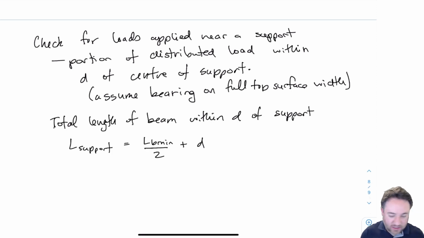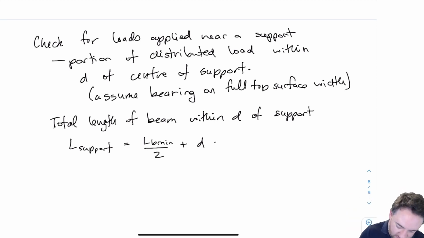Okay, so why is this LB min divided by 2 plus D? That's because I have to find the center of this bottom support. So that support is at LB min is the total length. The center of that is LB min divided by 2. And then that means that's this portion, the portion to the outside of that, and on the other side we're going to go a distance D. So LB min divided by 2 plus D is the total length of the load on top of the beam.